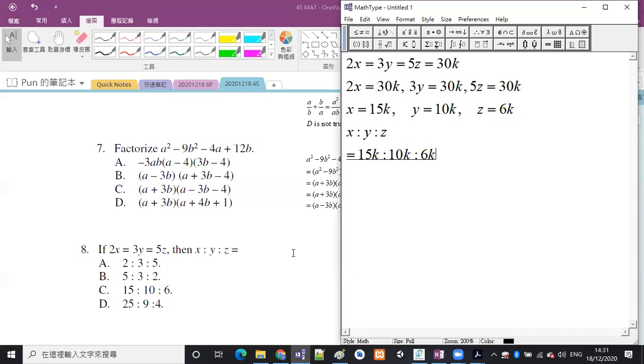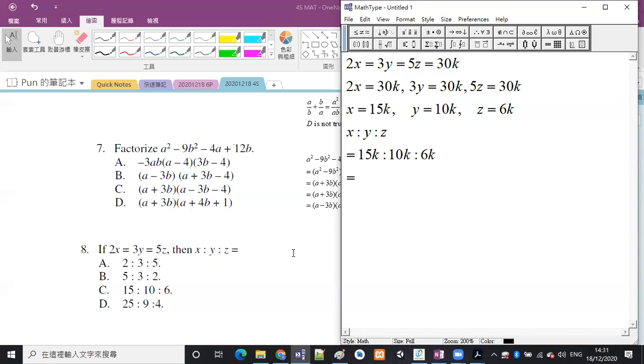Look at this. And to simplify a ratio, we can freely multiply the same number to every part in the ratio. And of course, we can freely divide by the same number to every term in the ratio. And in this case, we will divide every part by k.